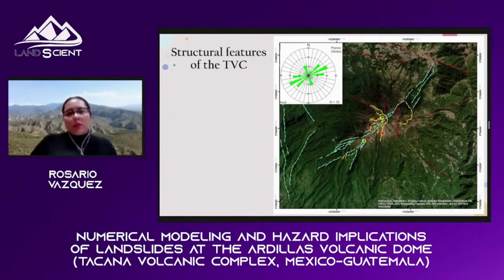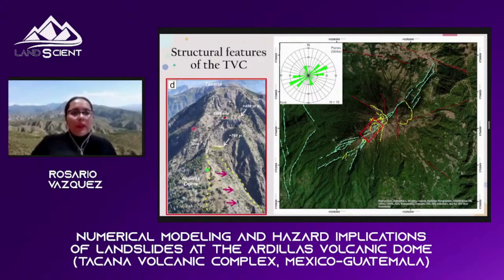And let's focus within this area, which is marking this collapsed scar from the Ardillas Dome. We can see from this photograph that was taken from southwest towards the summit of the complex, and we can see within these yellow lines the top of the Ardillas Dome, which is located in here.